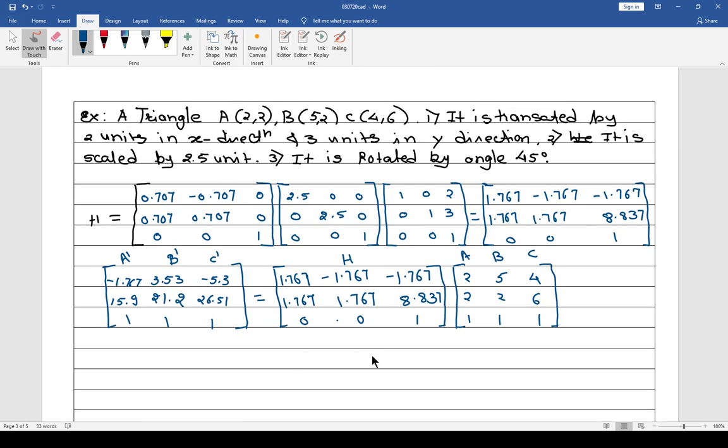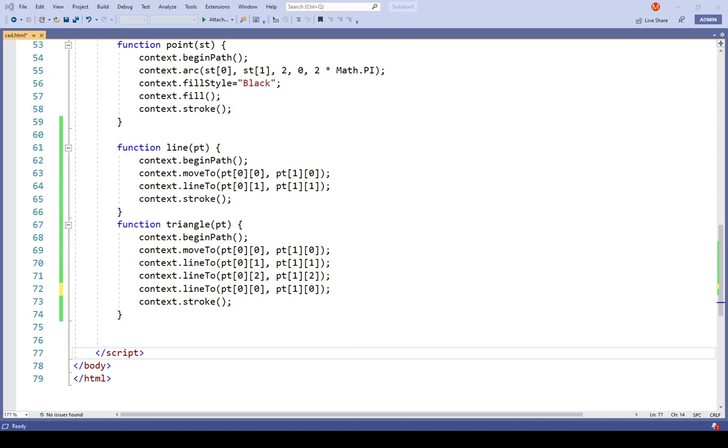Okay, so I want the solution for this. Okay, and this is your, you could say, assignment. So I give you 5 to 6 minutes, just try it out. Okay, so this is my code available in front of you. Okay, just try it out and post the screenshots.